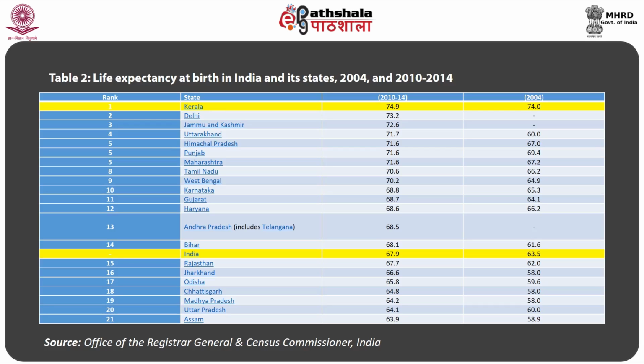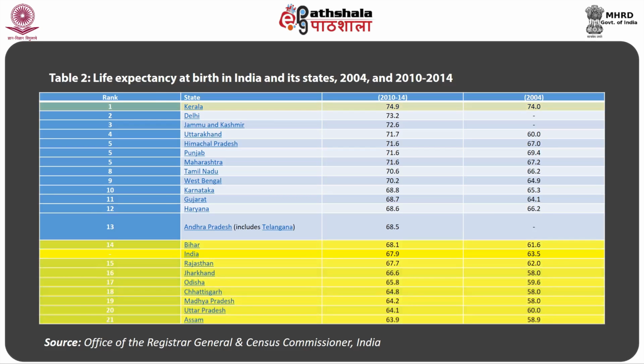Although considerable improvement has been recorded over the last decades, it is still much behind other developed countries. Most of the EAG states have very poor life expectancy at birth, which is below the national average.